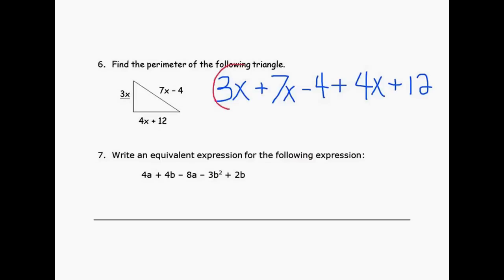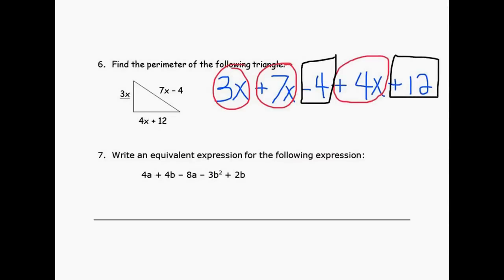So we have a 3x, a positive 7x, a positive 4x, a negative 4, and a positive 12. So let's see what this gives us. 3x plus 7x is 10x, plus 4x is 14x, negative 4 plus 12 is plus 8.